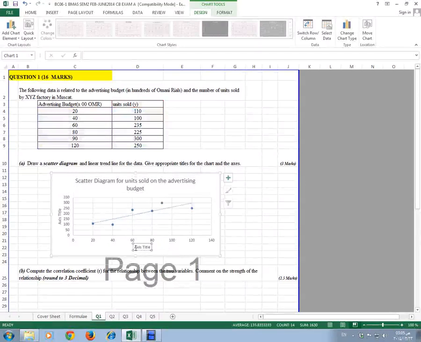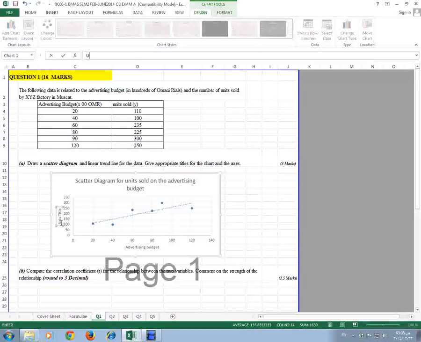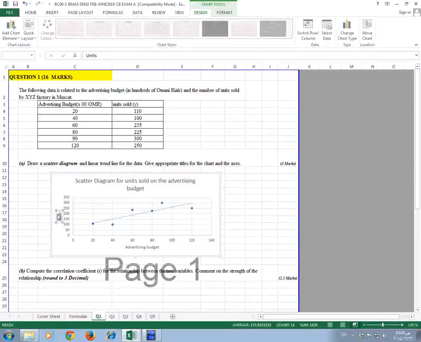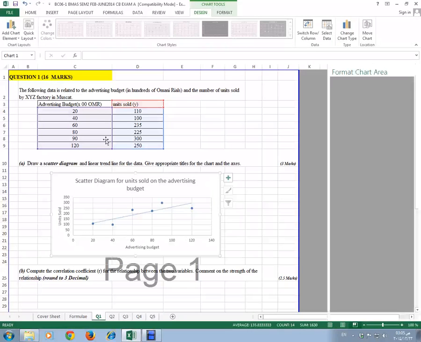On the x-axis the label is advertising budget, and on the y-axis we write the dependent variable, units sold. This is the answer for sub-question A.